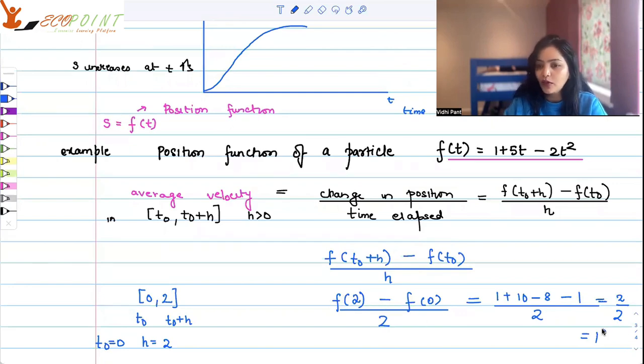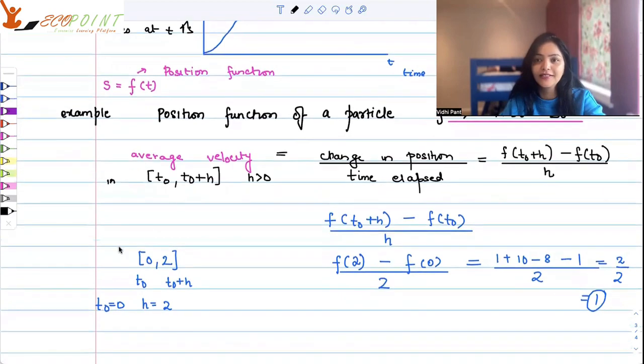So this 1 that you have got, what is it? It is the average velocity. It is telling you that this particle is moving with a velocity of 1 meter per second, or whatever unit is being dealt with.